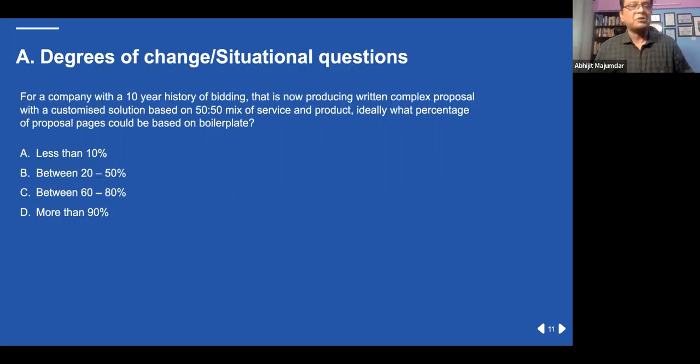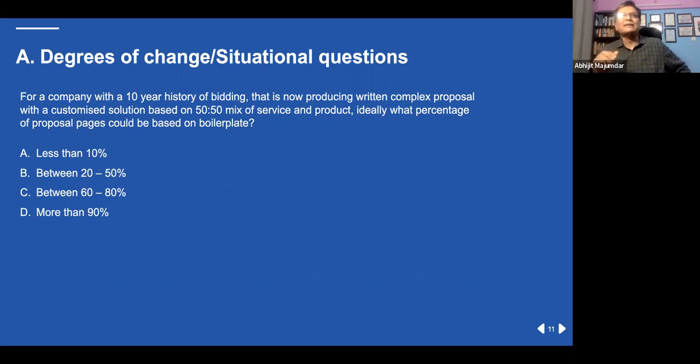The next question is, okay, this is a typical challenging type of question, and you get at least 15 to 20 such questions. Okay, on average you will get 15 to 20 such questions, which are basically situational questions, which give you a situation and then ask you to answer a question.